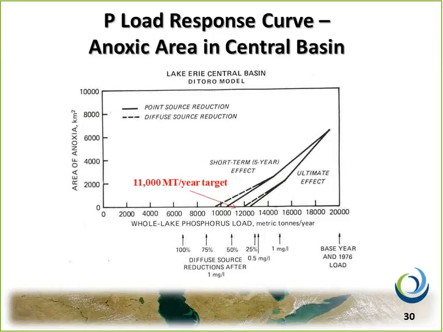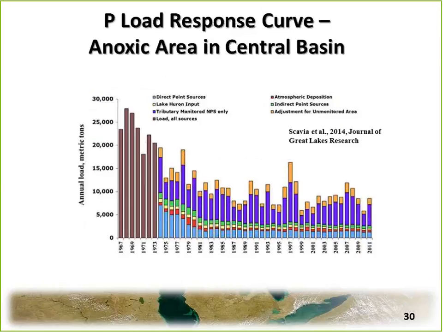And so that's the target that was adopted and agreed to by the states and provinces. And this was primarily urban loads at that time, loads of nutrients from wastewater treatment plants, people using phosphorus detergents. You know, cutting the load in Detroit at its wastewater treatment plant was really important for solving this problem.